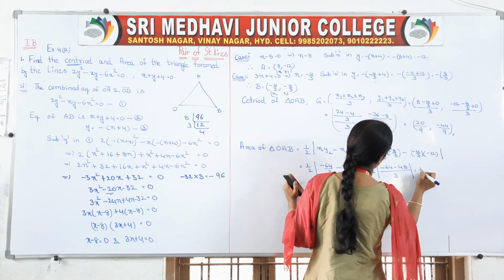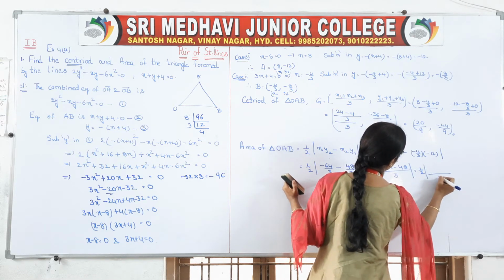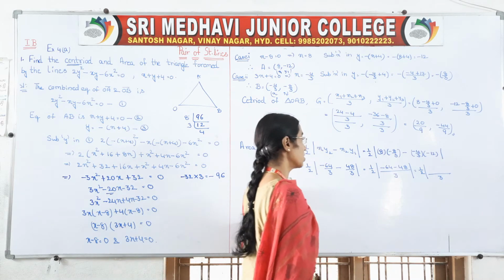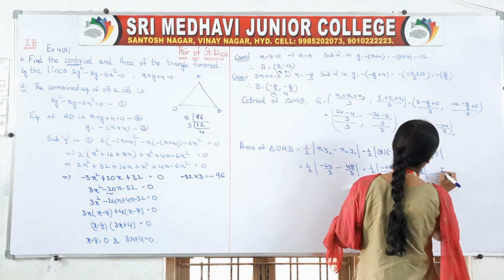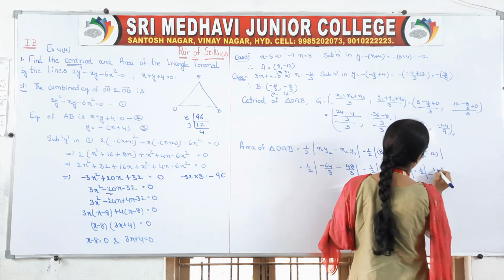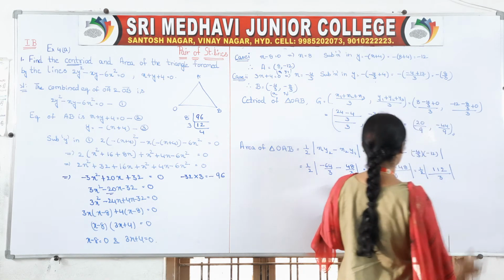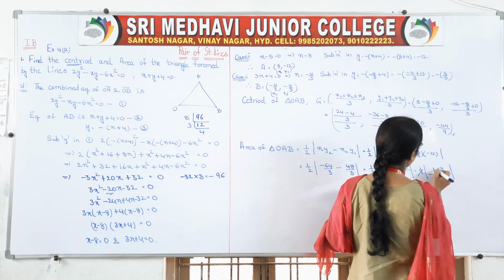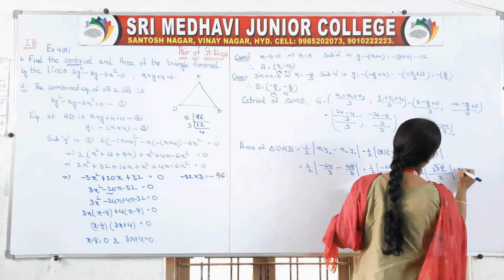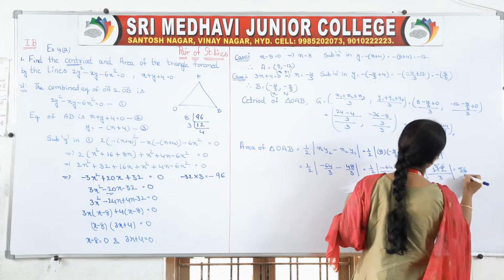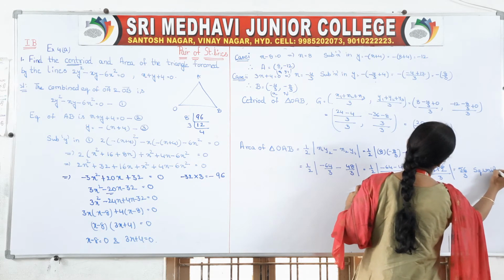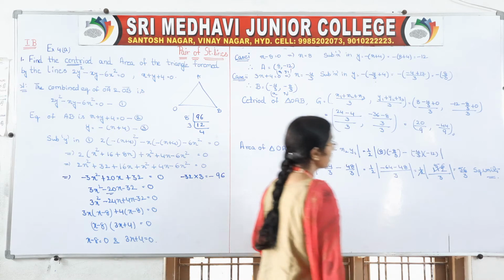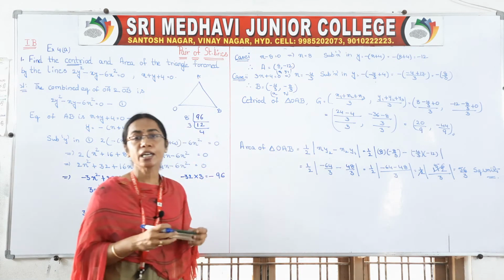So 1 by 2 by 3 into how much? 8 4, so it is 12, and this is 11 by this one. So 2 5s, 2 6s, so 56 by 3 square units. We are finding the area of the triangle, so its units are called square units.